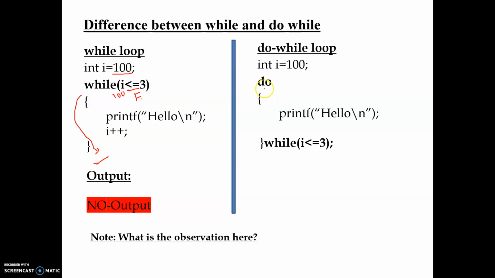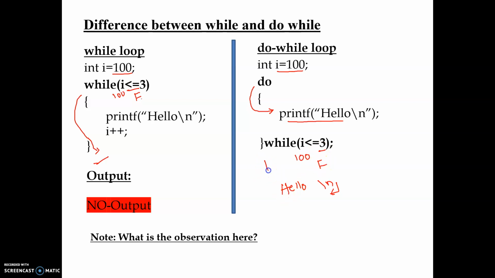But if you try to understand the do while case, as we are not checking the condition first, it comes inside and first prints the statement hello, then a new line is added, then it checks the condition, which is 100 is not less than 3, so the condition fails.